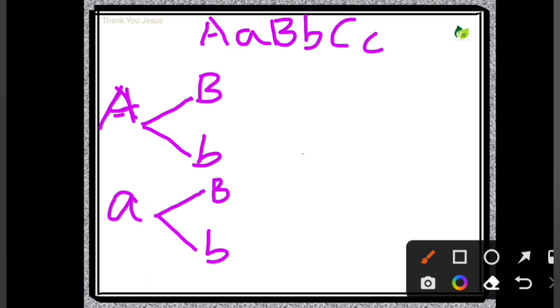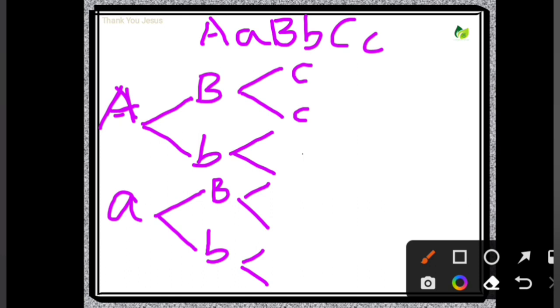So now coming to the third gene, there is a possibility of fusing capital C or small c, again capital C or small c. Okay. So here 8 gametes will become.